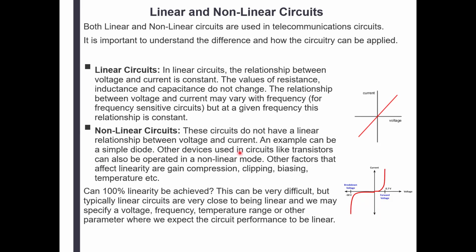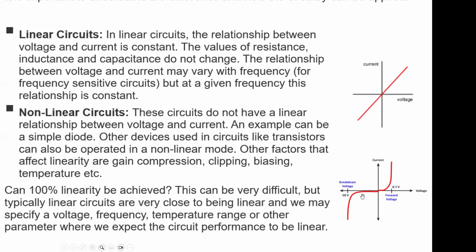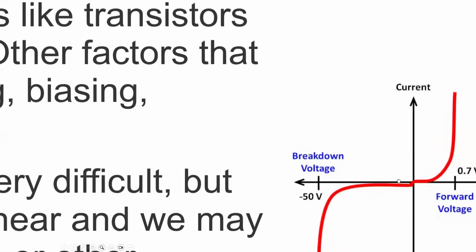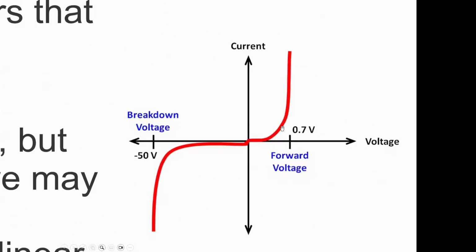Other devices such as transistors can also operate in a nonlinear way. However, sometimes if I zoom in on this, that's as far as I can zoom, somewhere here you may find something that almost resembles a straight line.